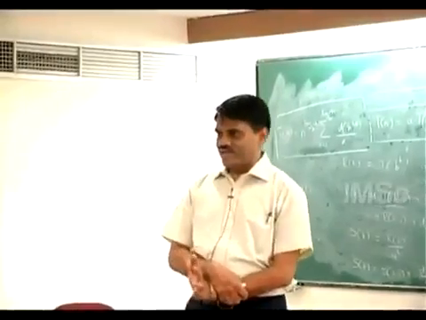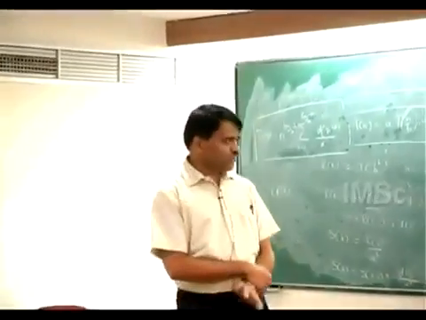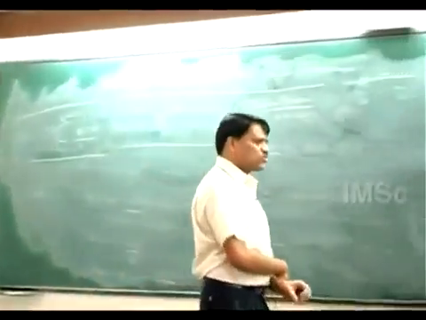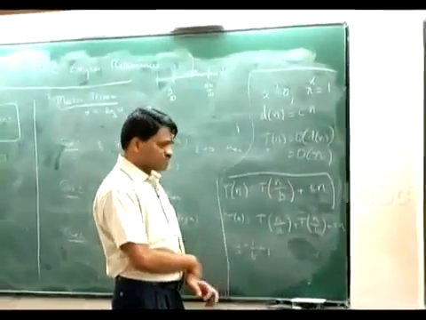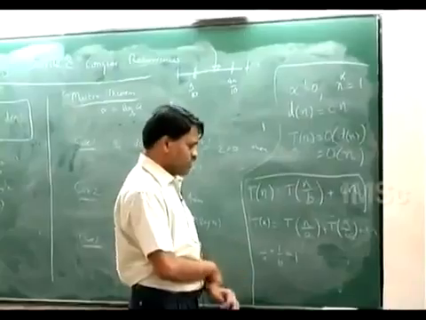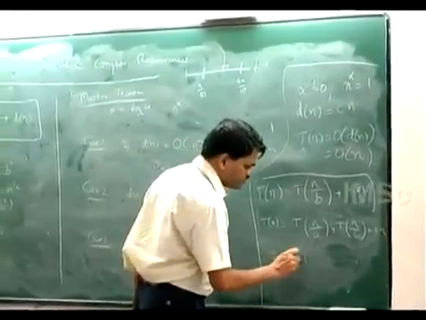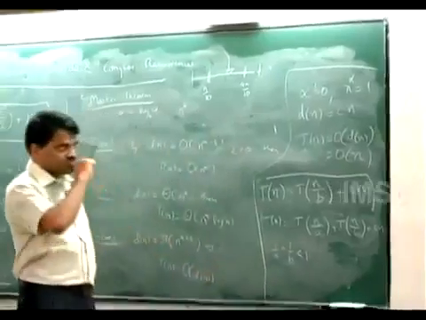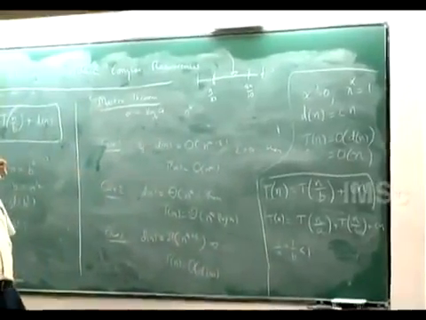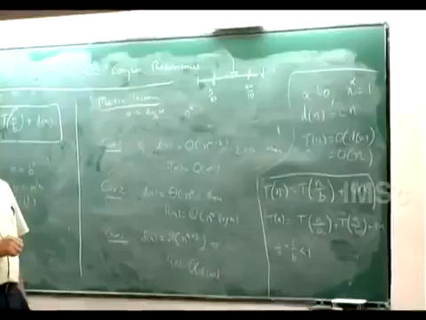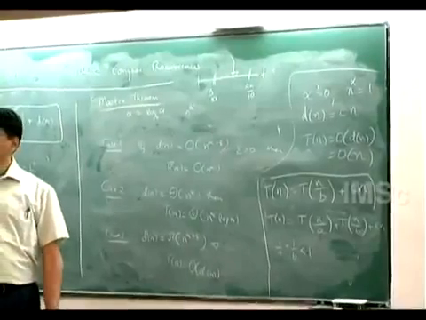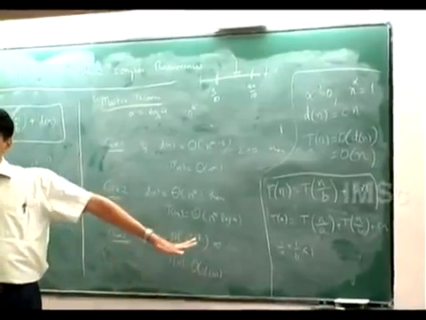That was n log n. So when 1 by A plus 1 by B equals 1, one can prove that it doesn't give linear time; it actually gives you n log n. But suppose it's strictly less than 1. Then one can prove that this recurrence solves to linear time.